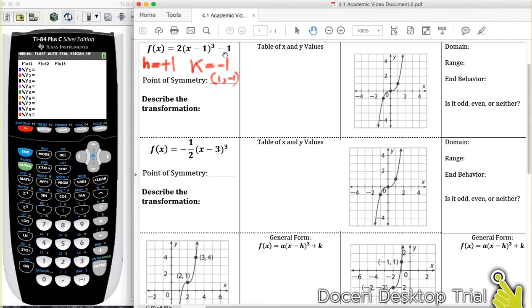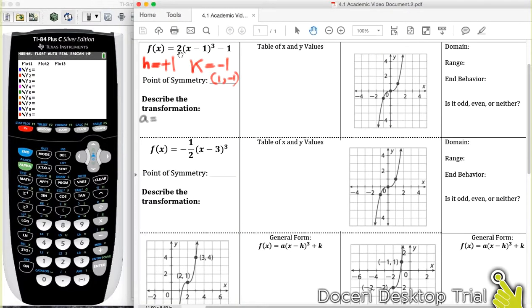Now, in order to check whether I'm correct or wrong, once I graph this on the calculator, remember it's the point where the graph curves, and it's going also to be in my table. Now, let's talk about the transformation. A in this case is the number in front of the parentheses. A in this case is a 2.